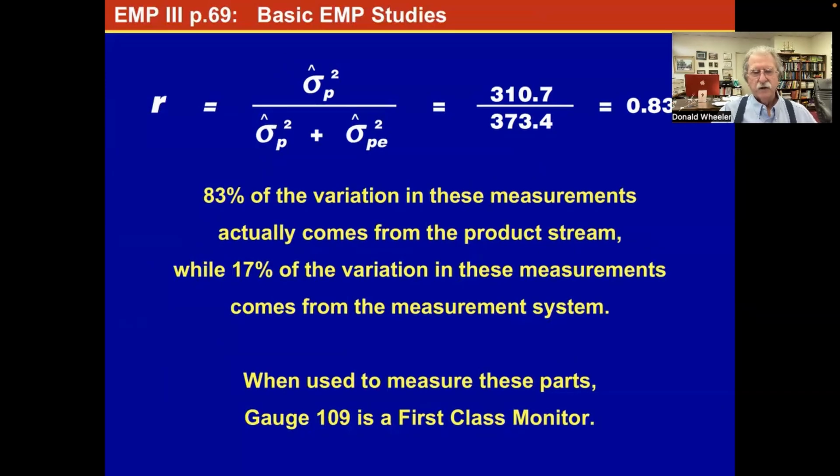When used to measure these parts, gauge 109 is a first-class monitor. And first-class monitors are those where measurement error has very little impact upon the measurement process.